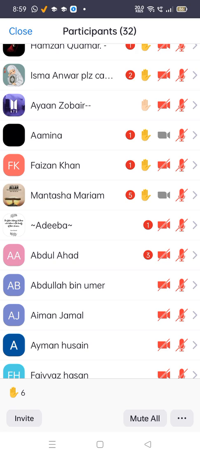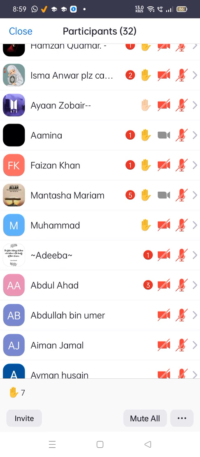Now let's start with the alimentary canal. The alimentary canal is a long, hollow tube. Hollow means from inside it's empty, and the diameter of this alimentary canal varies from mouth till anus. It's not the same diameter from the mouth till anus.